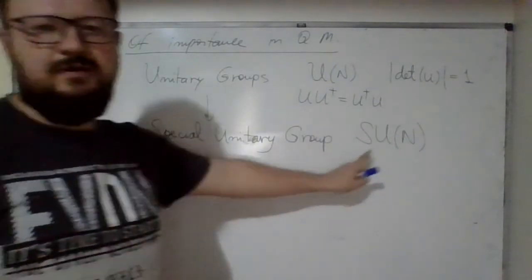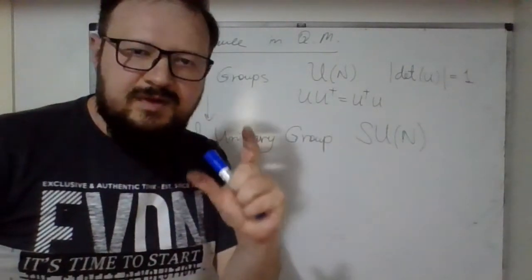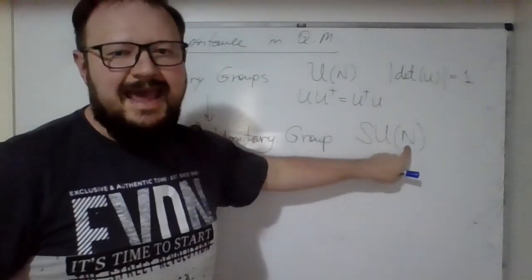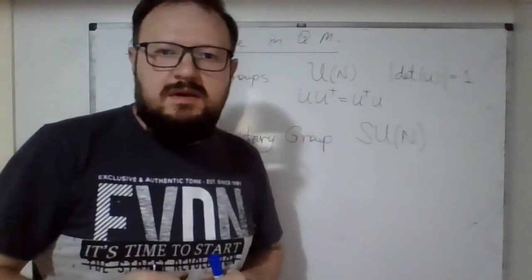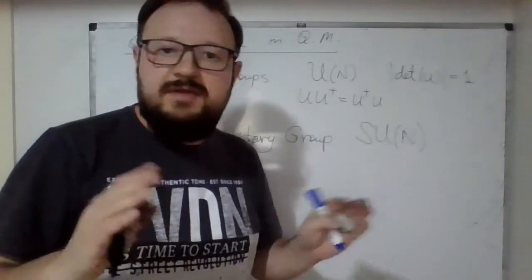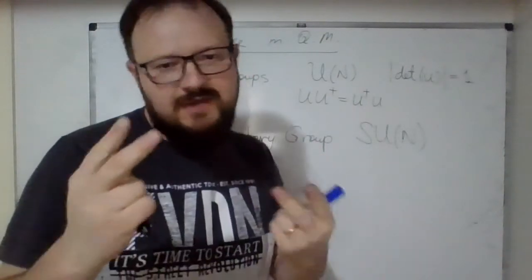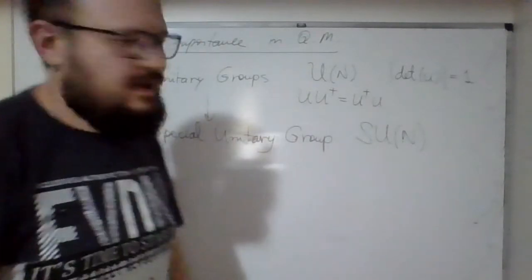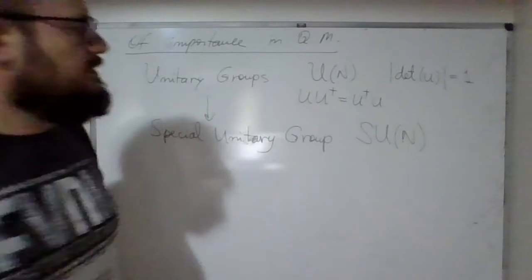So the special unitary group has matrices representing the generators with dimension n. Okay, so the generators of SU(2) are the Pauli matrices. They are 2 by 2 matrices. But you can find other unitary groups which are special.